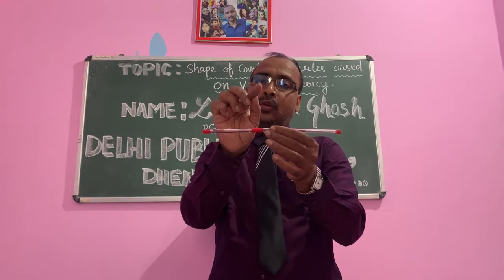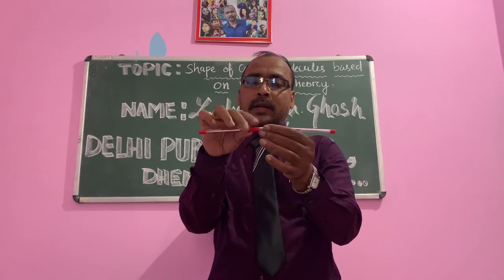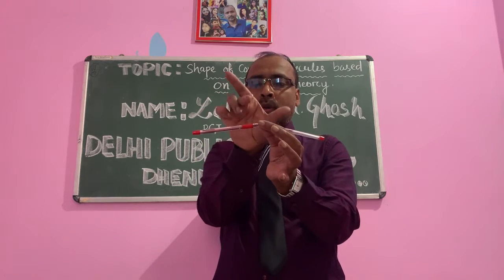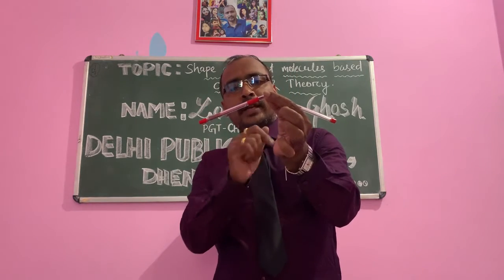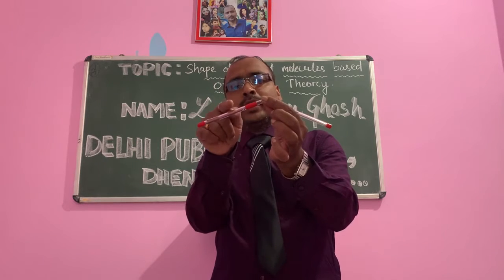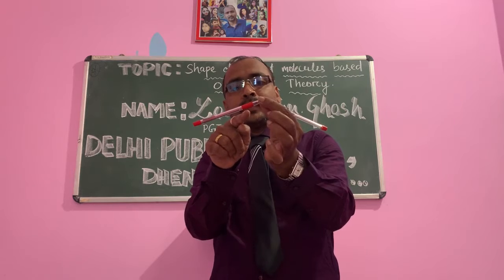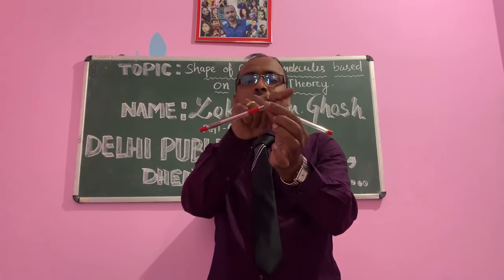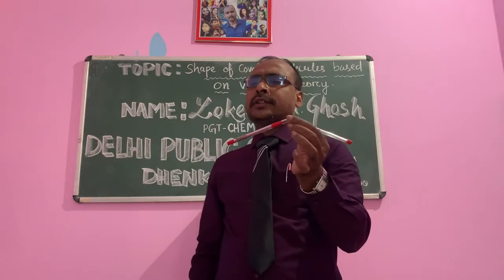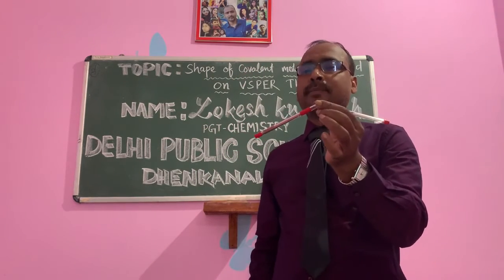So in AB2E type there is one lone pair, so lone pair-bond pair repulsion takes place. The lone pair repels the bond pair and the bonds are bent inward, so the bond angle of 180 degrees decreases. This is not linear, this is bent shape.